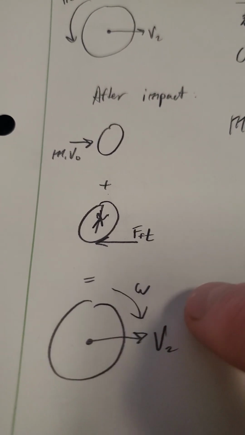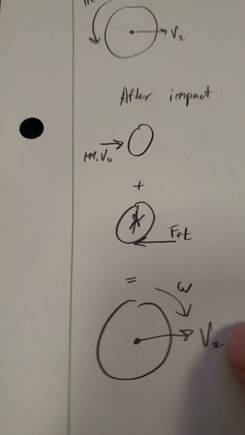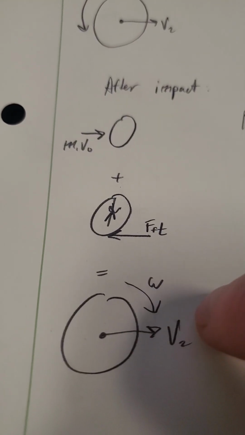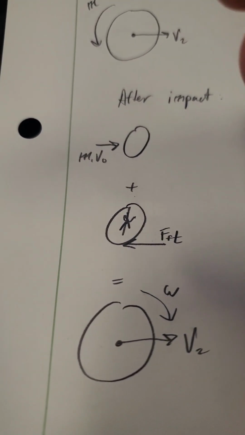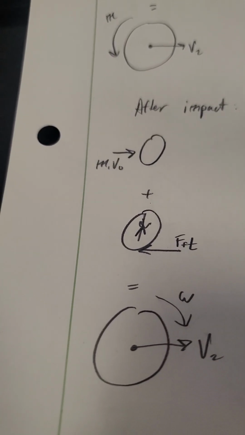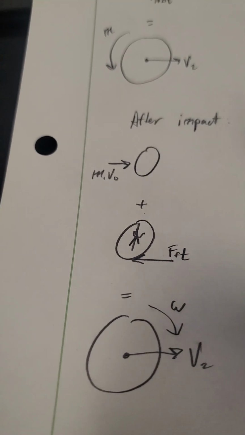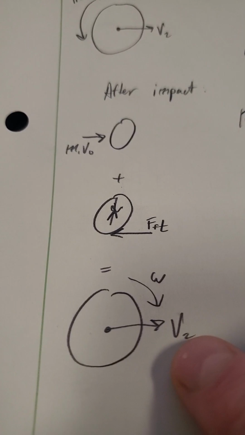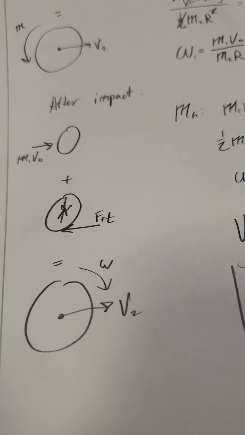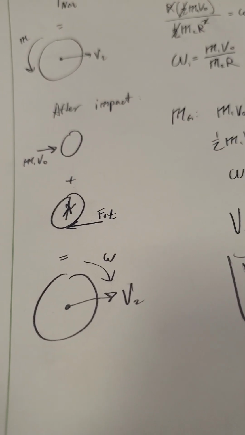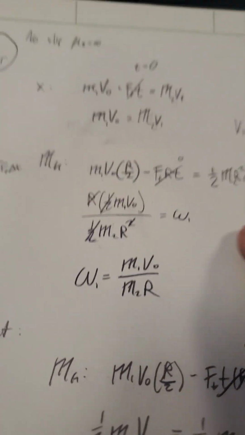And then the second time you have to solve it, it's the exact same thing, but it's after the amount of time that these two even out. So the rotation evens out, stops rotating or starts rotating in the other direction because the velocity pushed it to start rotating in that direction. So you essentially have to solve for it twice.